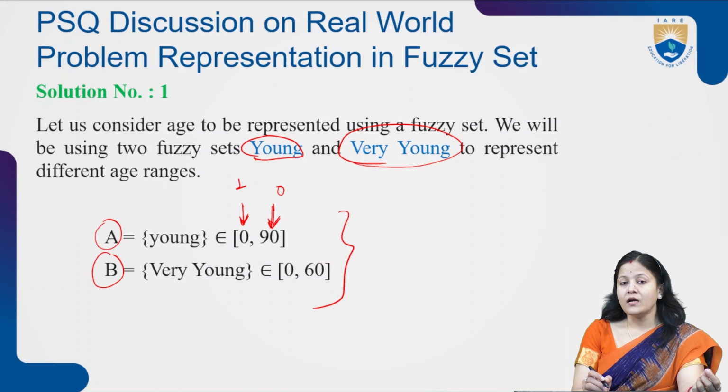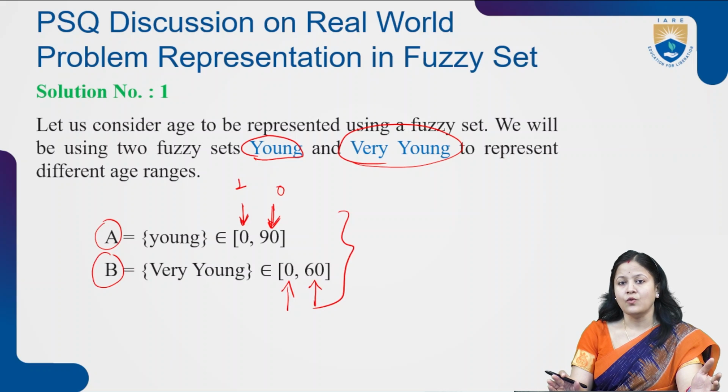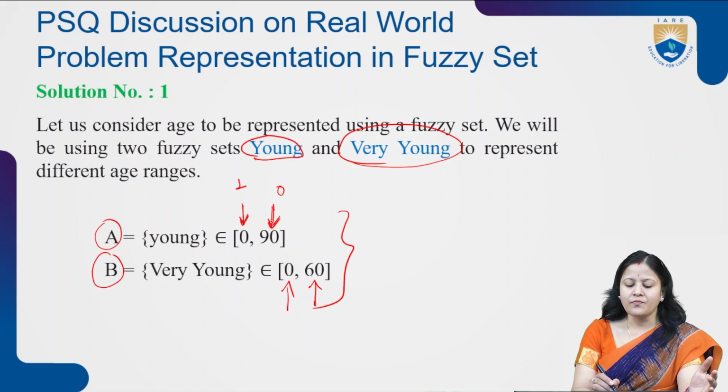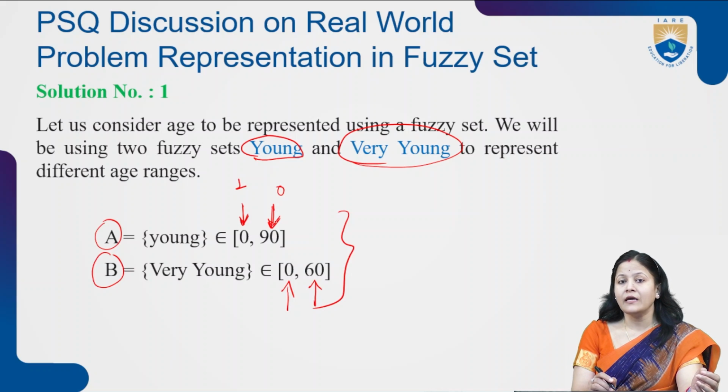But when we consider very young, as it belongs to 0 to 60 years of age, at the age of 0 youngness will be very high, and when it reaches the age 60, youngness will be 0. Now, what will happen if a person is 30 years or 45 years of age? What would be the membership value? Should we write 0 or 1, or should we write some other values?